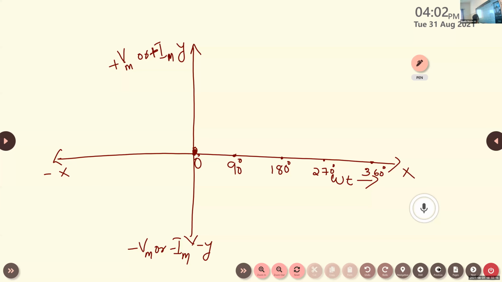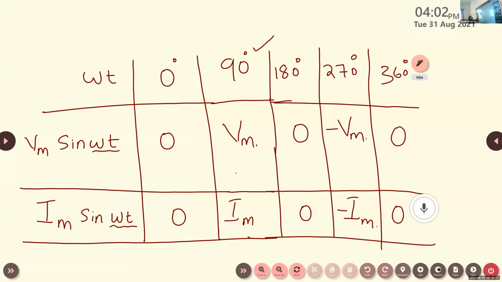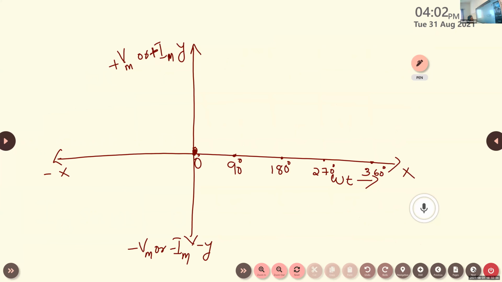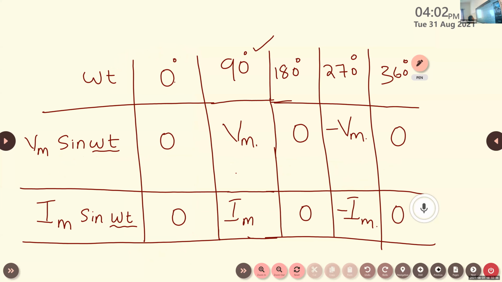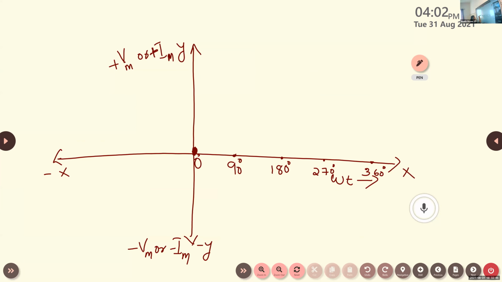Now, if the phase angle omega t is equal to 0, what will be the value of the alternating source of EMF, Vm sin omega t? It is 0. So here we can mark that point at 0 itself.